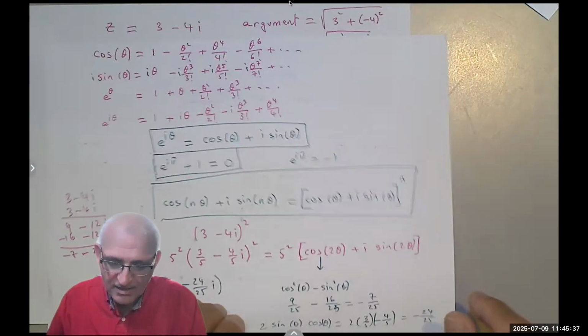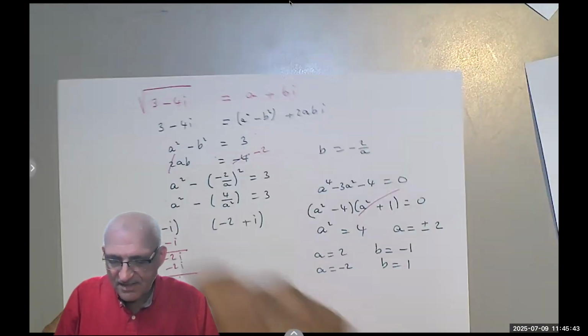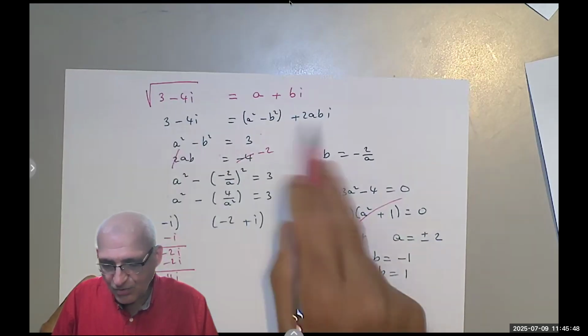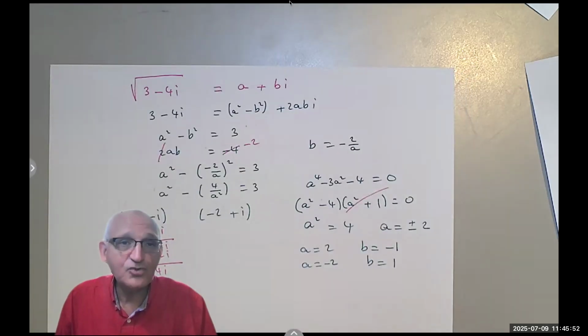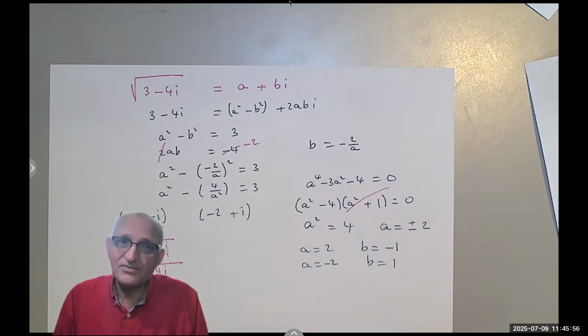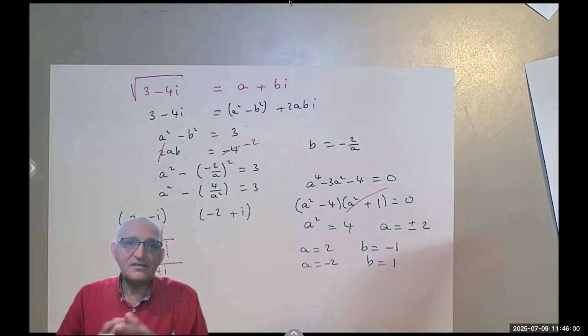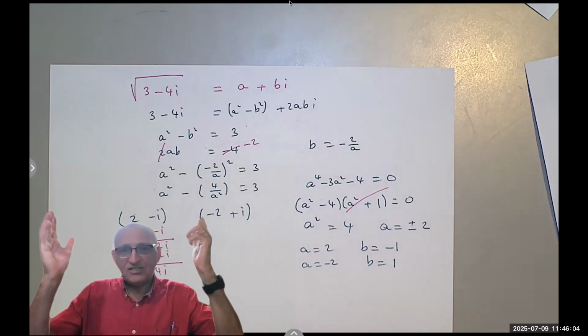I showed you two ways, really. Remember, we said we can assume that this equals that, and then I took the square root and I ended up with two values, 2 minus i and negative 2 plus i. If it's the fifth root, for example, it becomes so complicated. So De Moivre's rule made it so simple by using this unit circle and just dividing the angle.